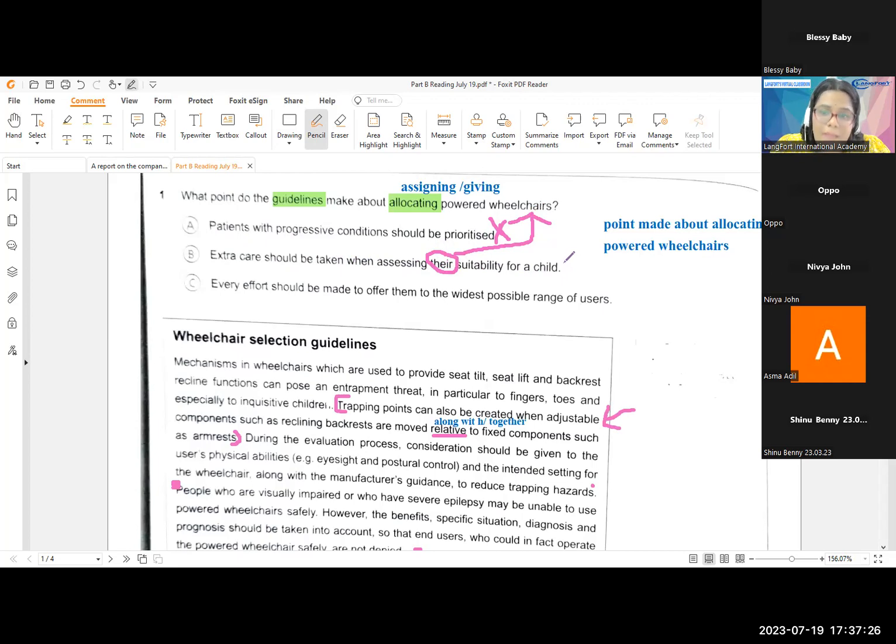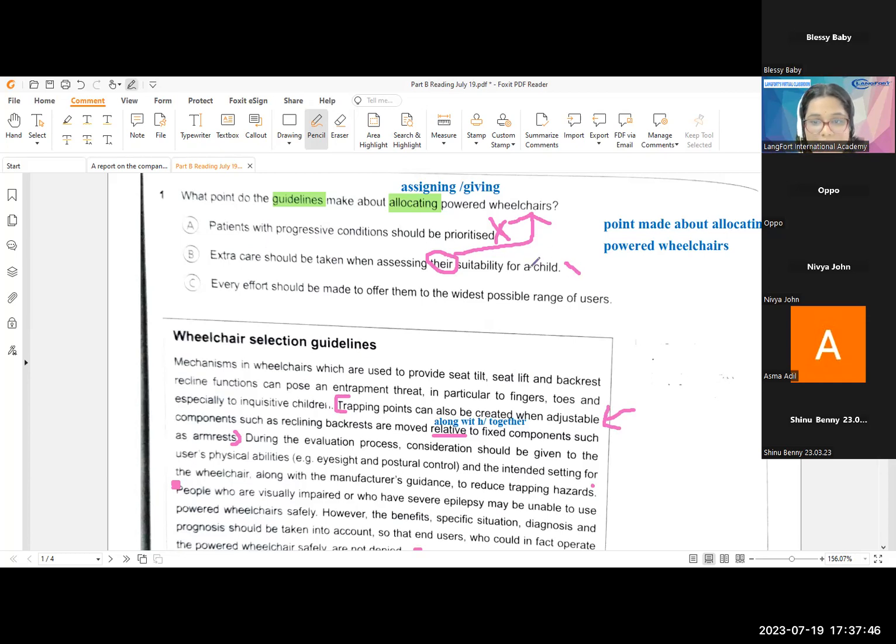They have said that for kids who are curious, the mechanisms in a wheelchair can be an entrapment threat. They have never said assessing the suitability of a child for a wheelchair. Take a second, read the option, understand why we rejected it.